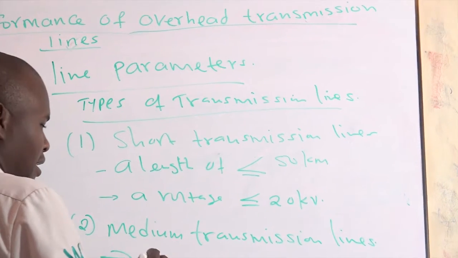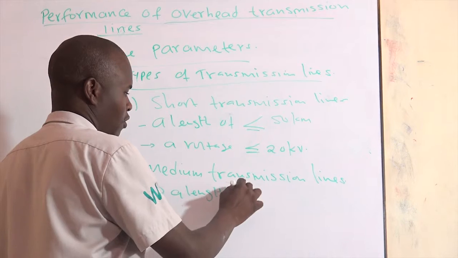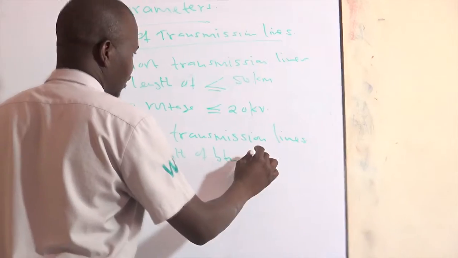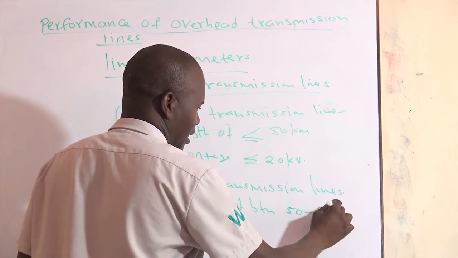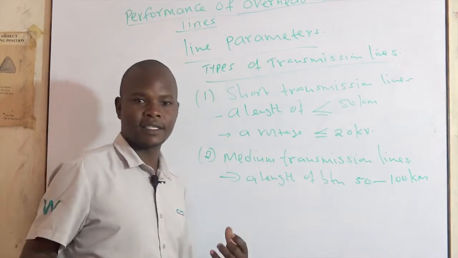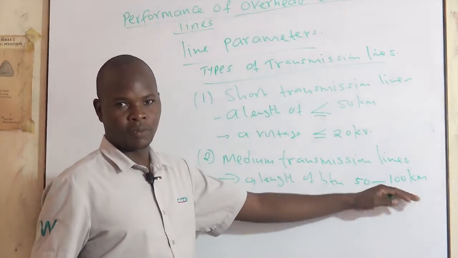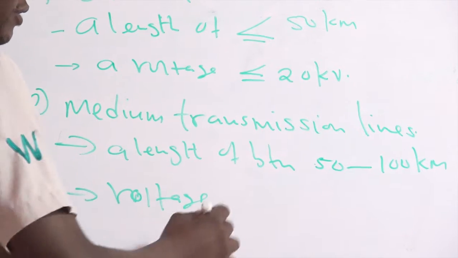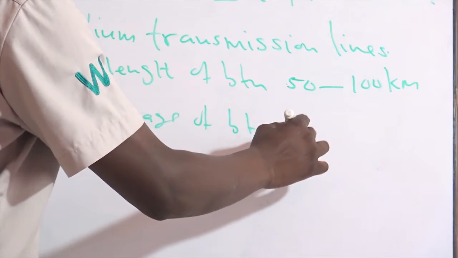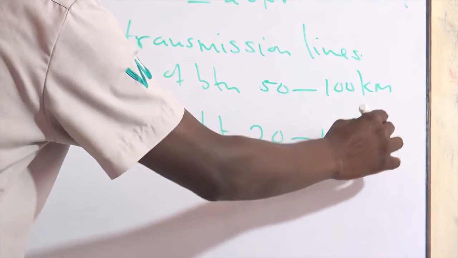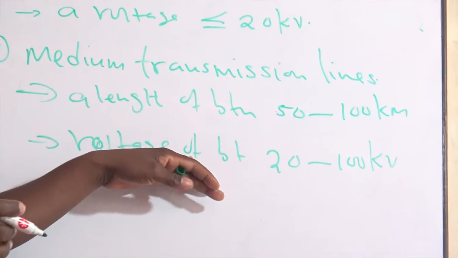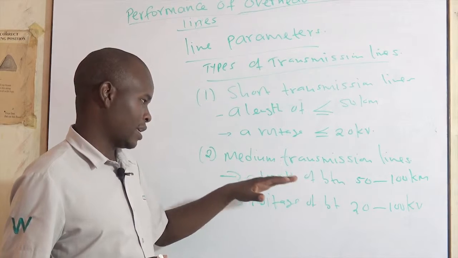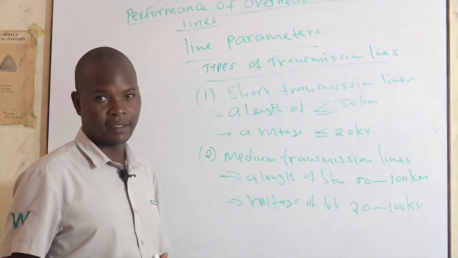If this line has a length of between 50 and 100 kilometers, and a voltage between 20 and 100 kilovolts, if these two conditions prevail in a transmission system, then you can call that system a medium transmission line.